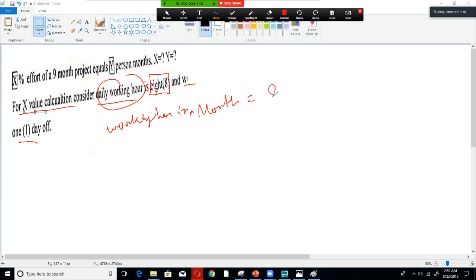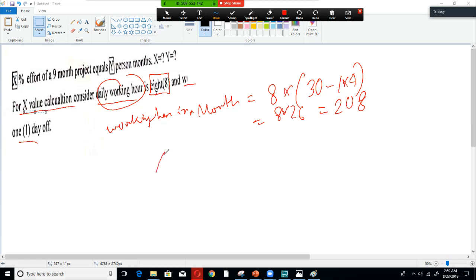Working hour in a month equals 8 into 30 minus, so he has 1 day off and we have 4 weeks in a month. This gives us 8 into 26. This is the work per month done by that person. 8 into 26 is 208. So now we have to find the percentage of his effort.